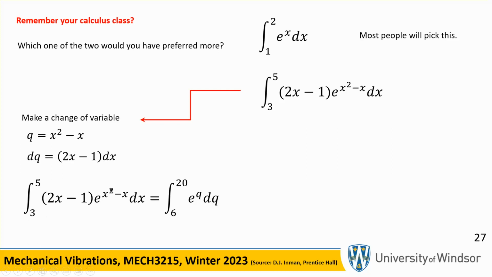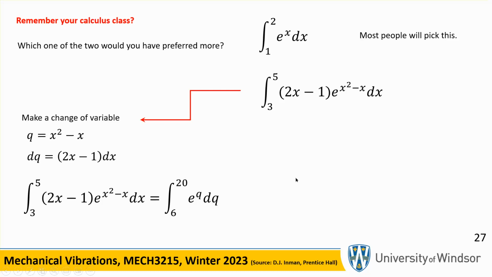This thing is exactly e to the q dq. Of course, the limits are good. So isn't that the same? But it's the nature of human beings. This scares me, let me do this. But a simple change of variable will actually give you the same integral. Same thing, it's just the limits are different.